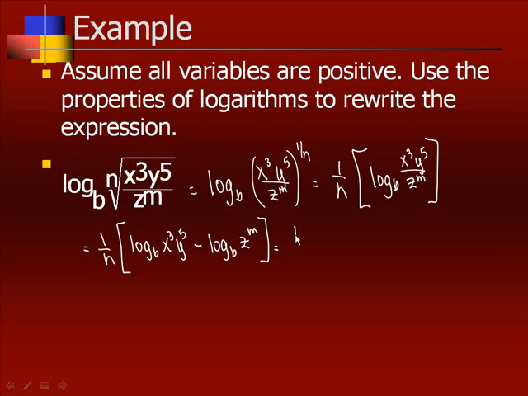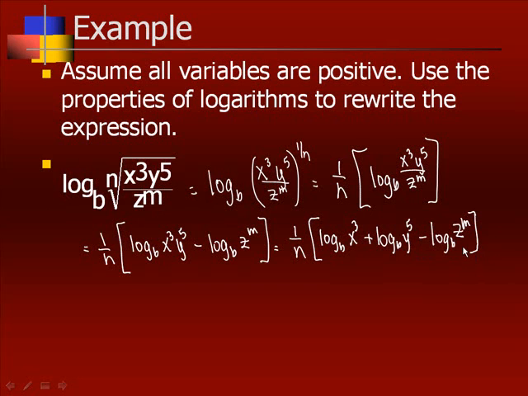Now, separating our product would be 1 over n times the log base b of x to the third plus the log base b of y to the fifth minus the log base b of z to the m.